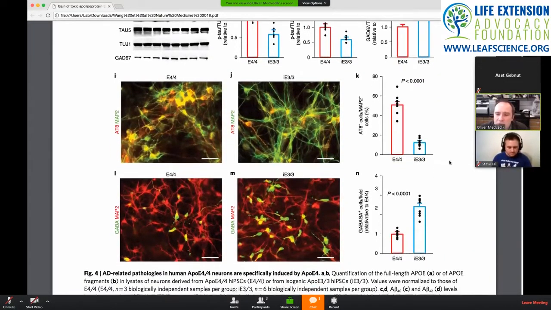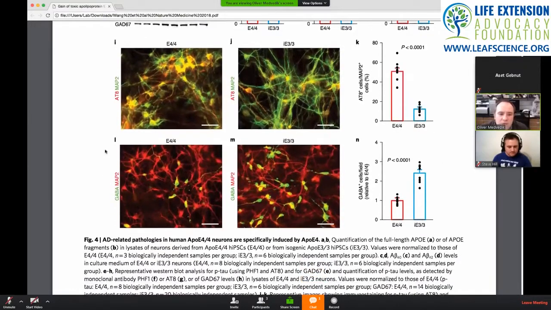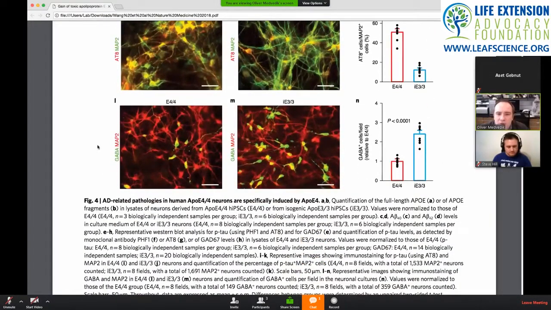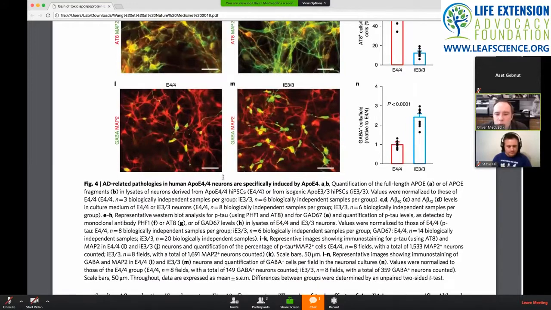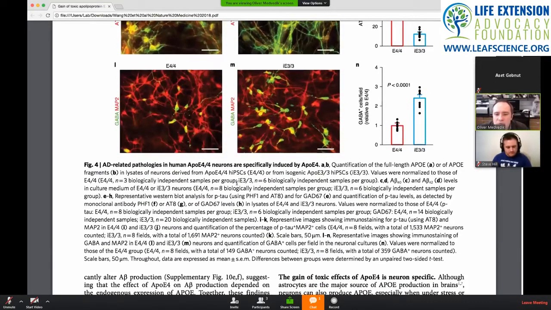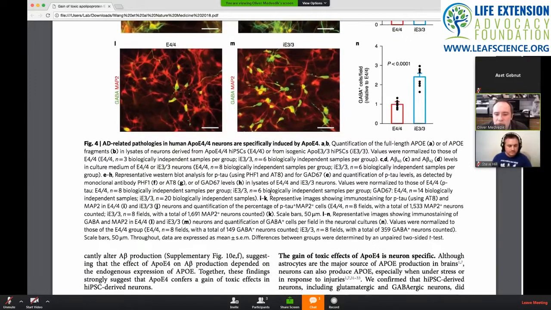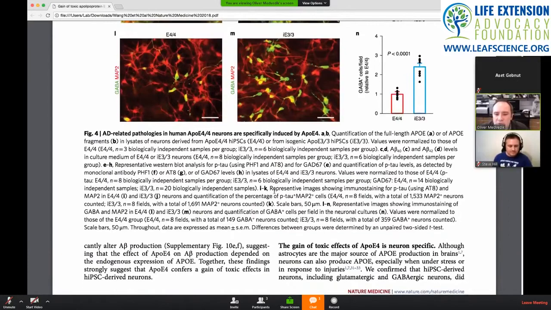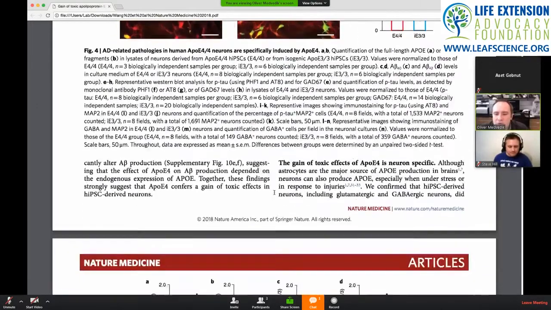And all of that goes up, right? And these are in GABAergic neurons. I don't know specifically why GABAergic neurons are more prone to this. And you certainly have a lot of other neurons that use different neurotransmitters. I don't know, maybe there's a neuroscientist out there who can tell me why specifically GABAergic neurons.